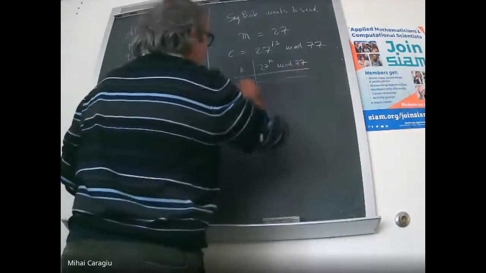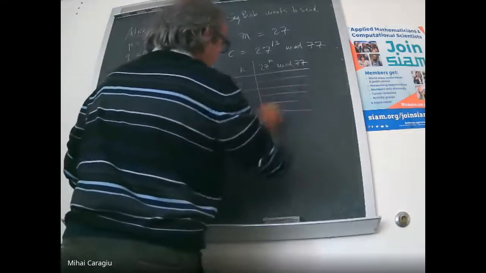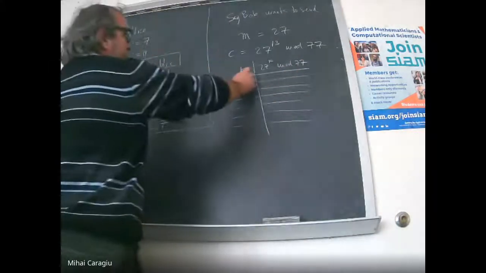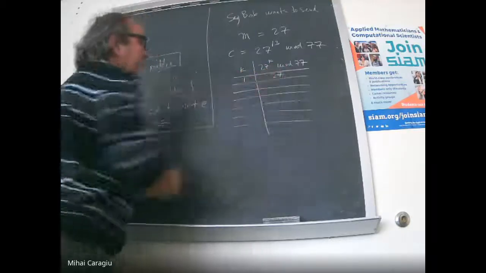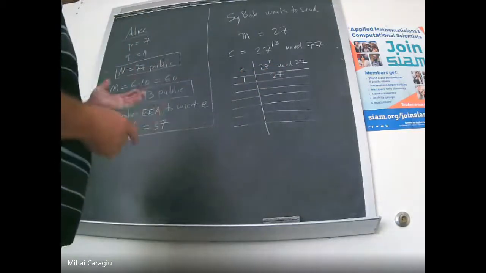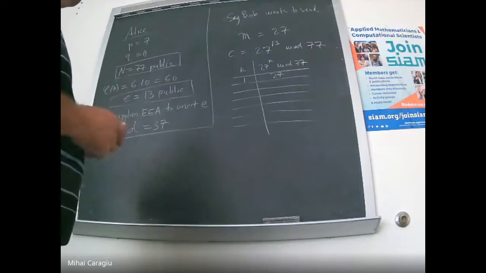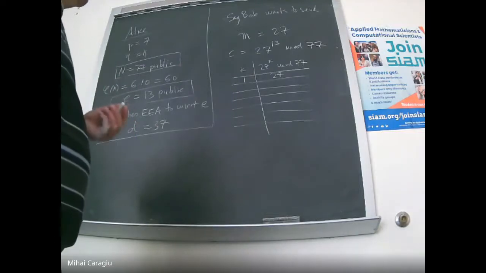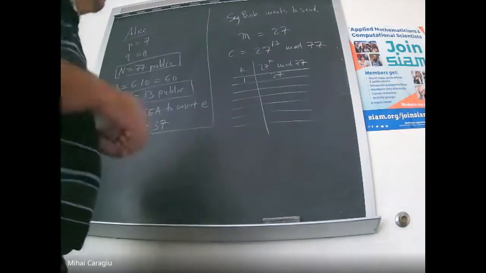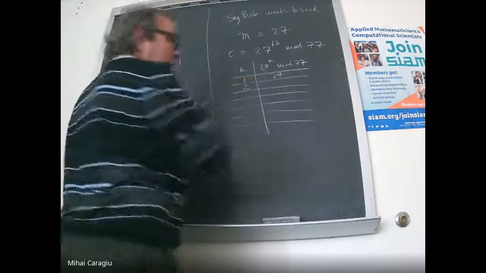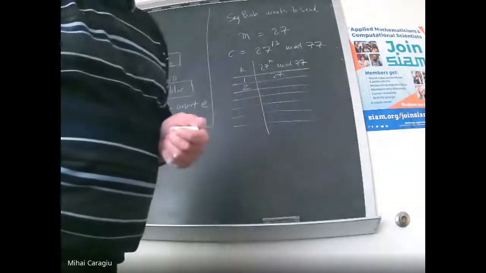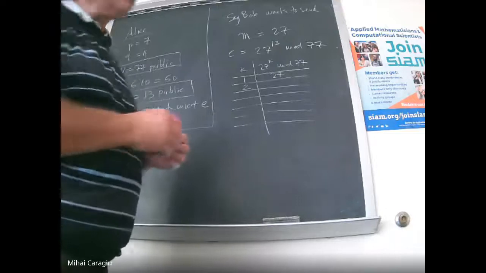Let's remove some lines here. In the left column we start with 1 and 27. At every step, the exponent in the left column is doubled, and the value in the right column is squared modulo 77. 27 squared is 36.